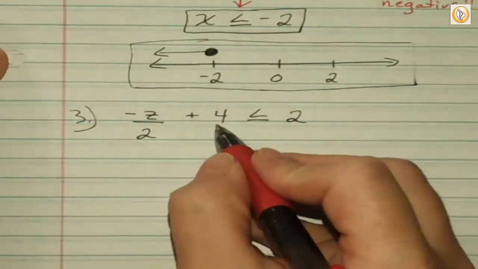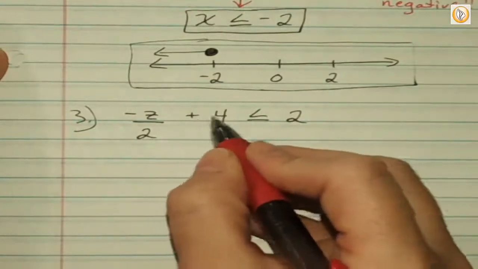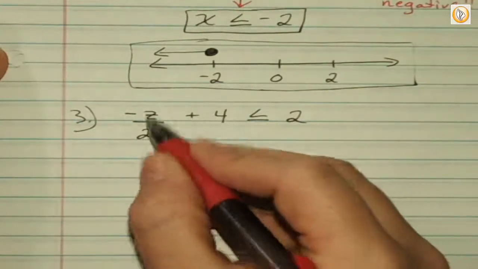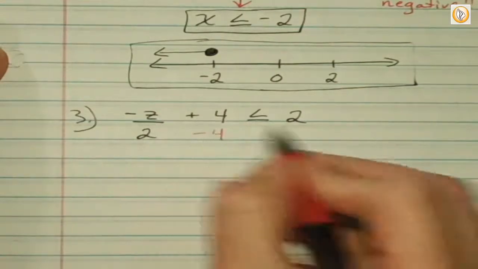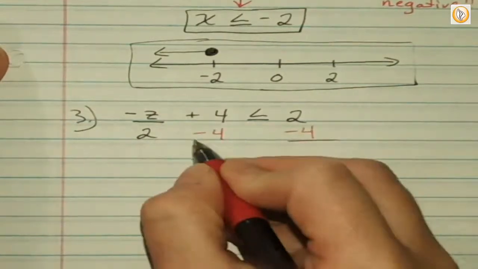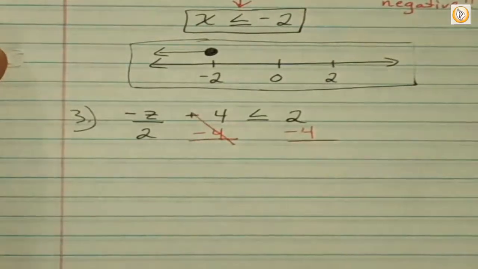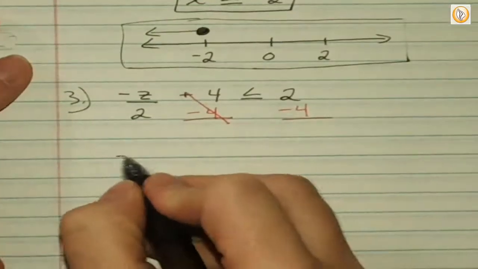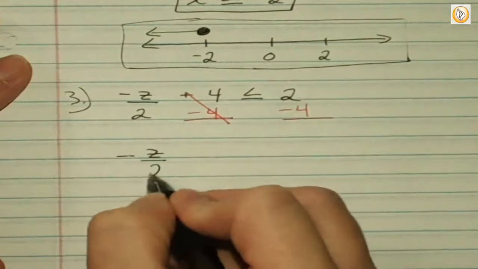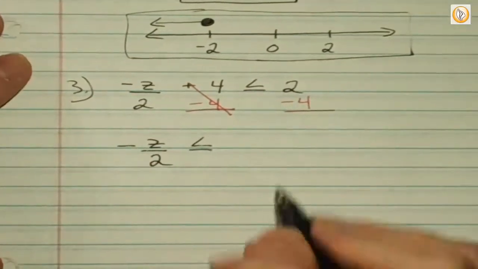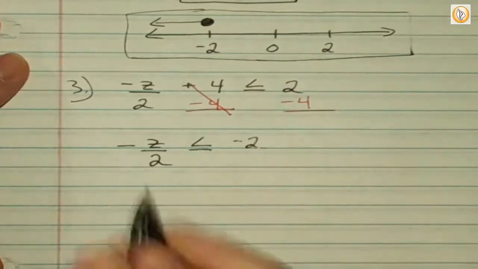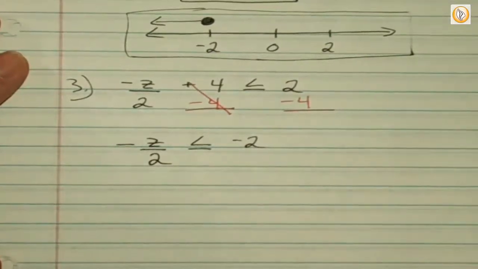That's right, good job. We're going to subtract 4 because it's not the intruder that's doing something immediately to you. And it's plus 4, so the opposite is -4. And I get minus z over 2 is less than or equal to what, Emily? -2. Now what would you do?